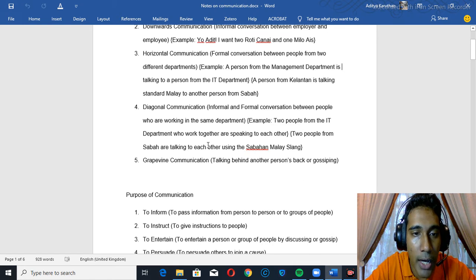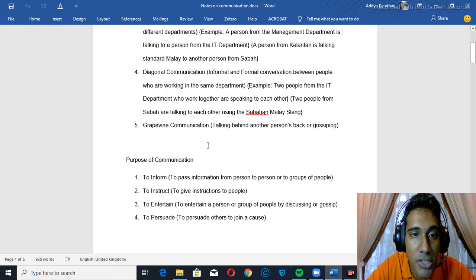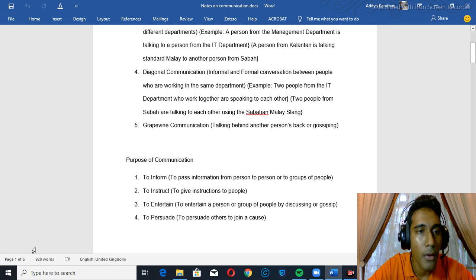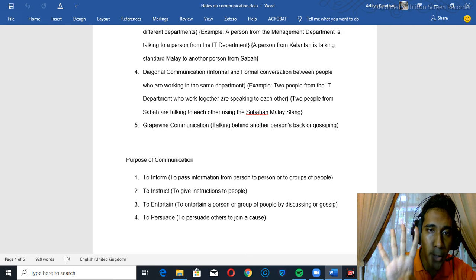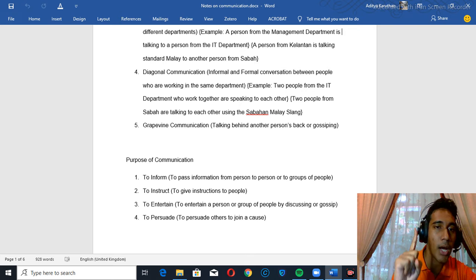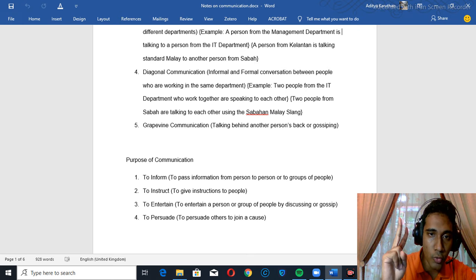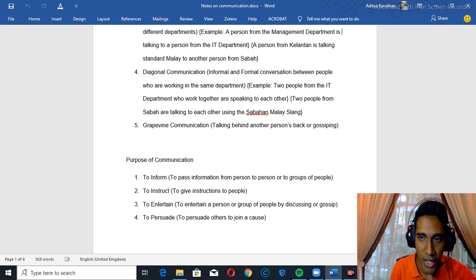Next, we are going to look at the purpose of communication. So there are 4 purposes of communication. Number 1, to inform. It's really easy to inform.